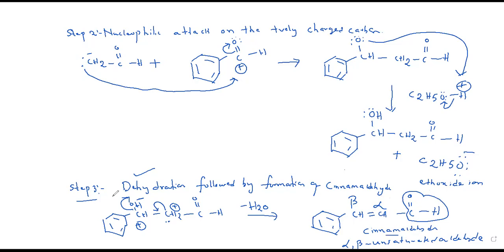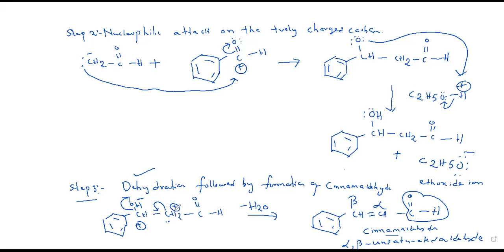So step number 3 is very simple. Here it is dehydration. So you're having a free hydroxyl group here. When you break the bond between carbon and oxygen, this entire OH group will leave the reaction with a negative charge and this carbon will become positive. At the same time, due to the electron withdrawing nature of the aldehyde group, the adjacent hydrogen atoms will become more and more acidic, and therefore these acidic protons can have a positive charge, and one of the acidic protons, which has a positive charge, reacts with OH minus to form water.